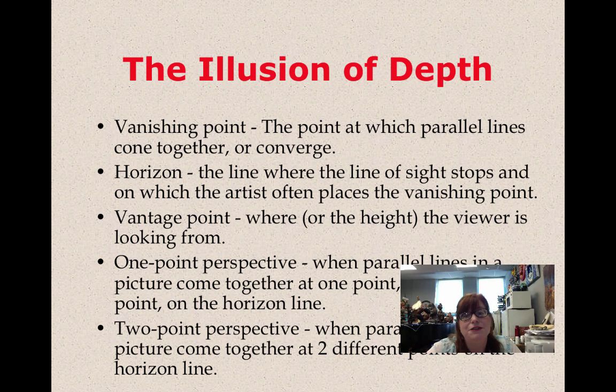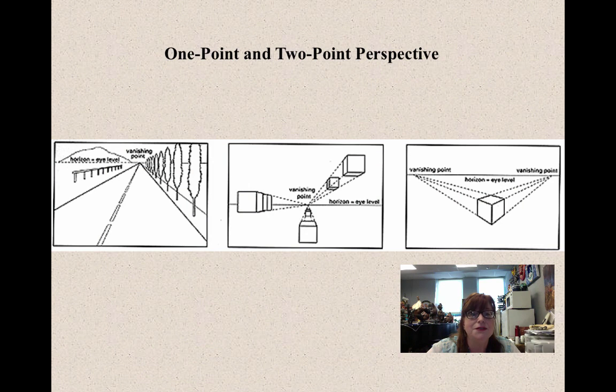One-point perspective is when parallel lines in a picture come together at one point, the vanishing point on the horizon line. And two-point perspective is when parallel lines in a picture come together at two different points on the horizon line. So here we go. The left and the middle pictures both show us one-point perspective.